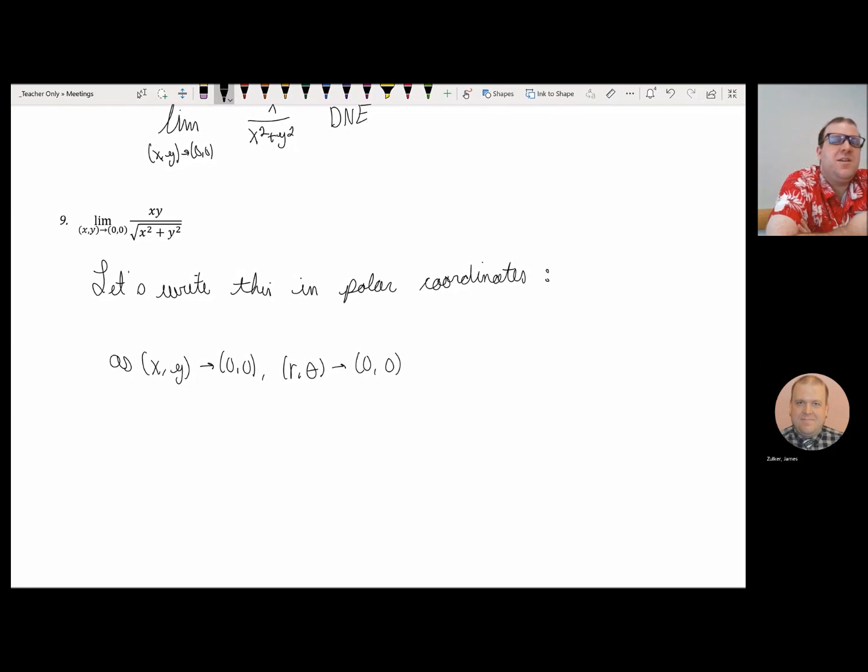I would argue that theta just approaches zero, doesn't it? It's the origin. The origin doesn't make an angle with respect to the x-axis. I'm not done yet. I'm just now saying, what is the polar point approaching? Right, so the polar point happens to approach the polar origin.